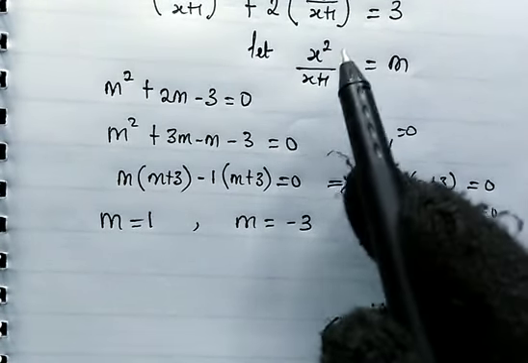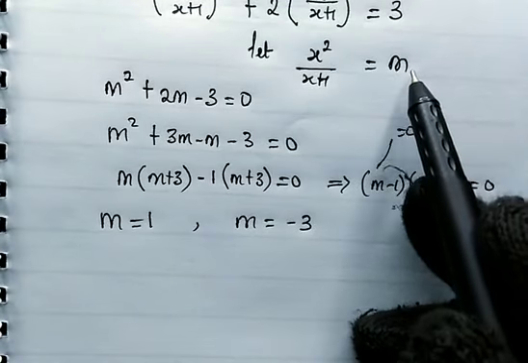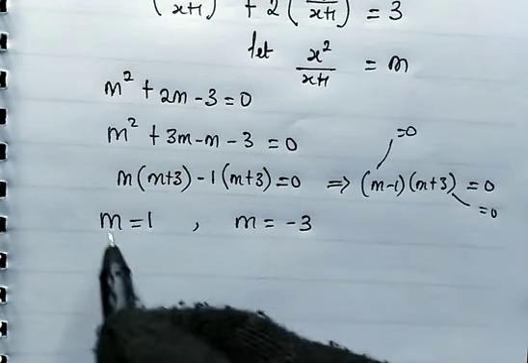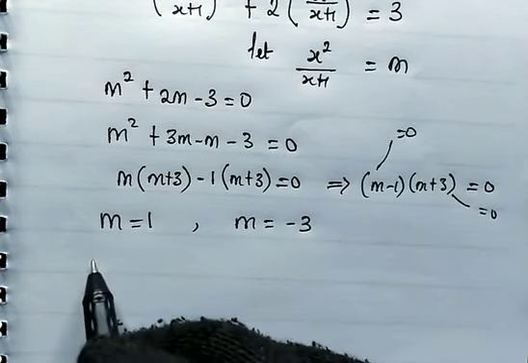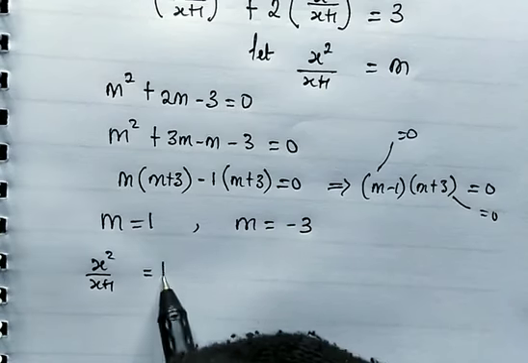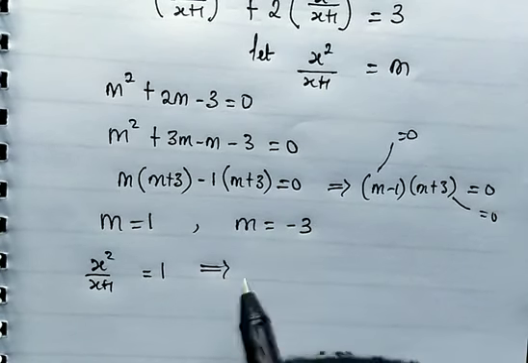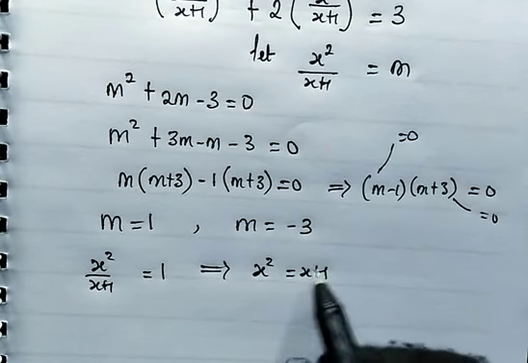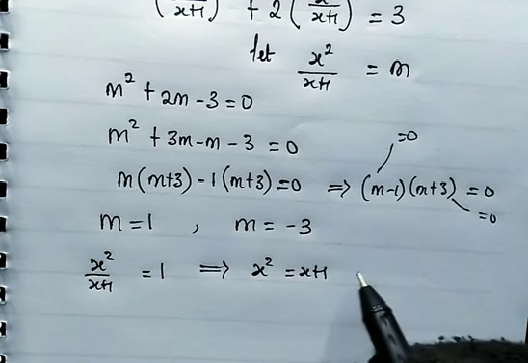Now recall that x squared divided by x plus 1 equals m, right? So here m equals 1. So let's solve when m equals 1. So we're going to have x squared divided by x plus 1 equals 1, right? So from here, cross multiply, we get x squared equals x plus 1. So the term from the right hand side, let's move it to the left hand side.